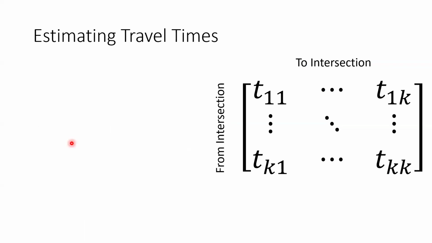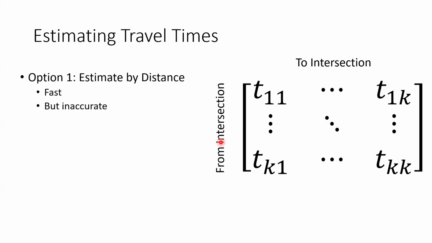For the first step, estimating travel times. You should eventually be estimating them and putting them into a matrix where you can find the path and the travel times really quickly by just looking into this matrix using the from and to intersection IDs.